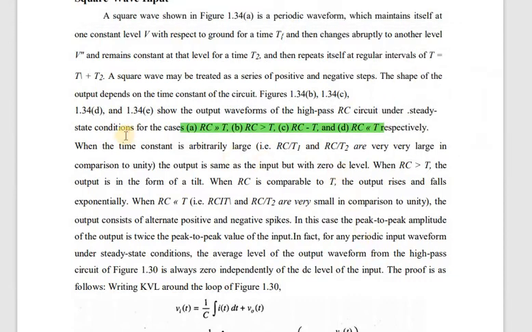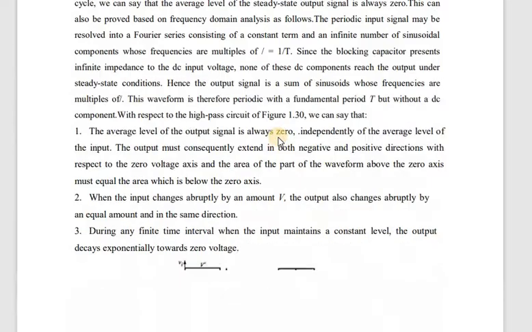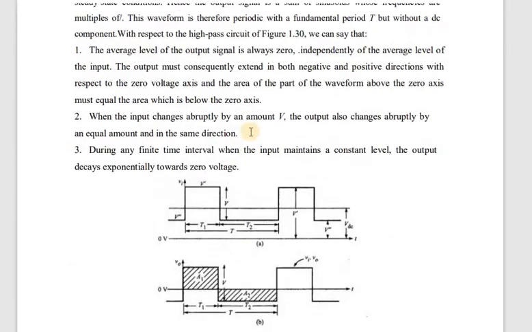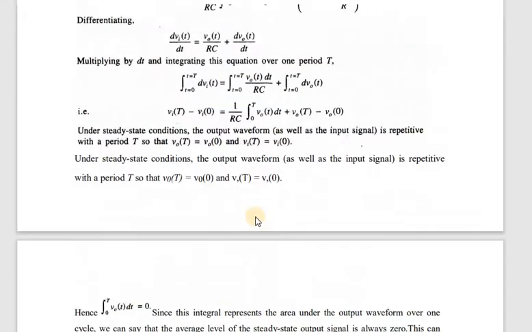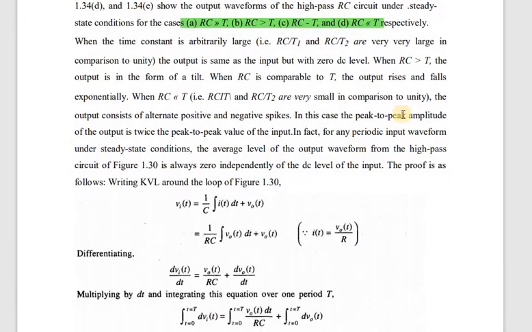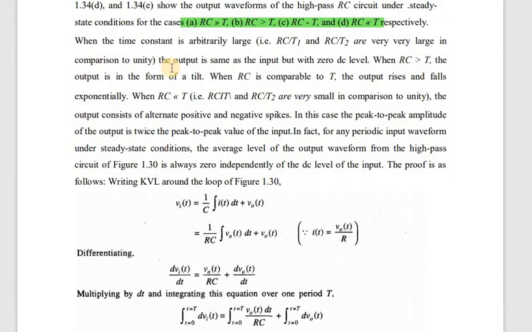Now see, when the time constant is large, that is RC by T1 or RC by T2, where T1 is the time period of your first pulse, and these are greater than or very large in comparison to unity, the output is the same as the input but with a zero DC level.